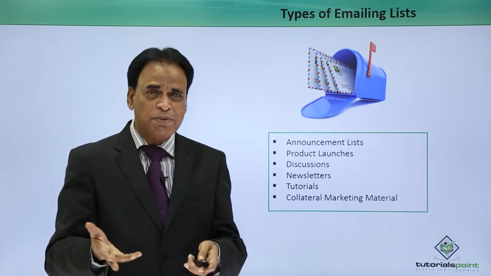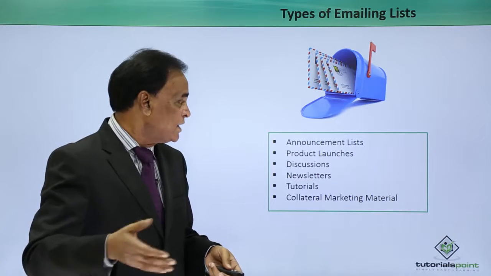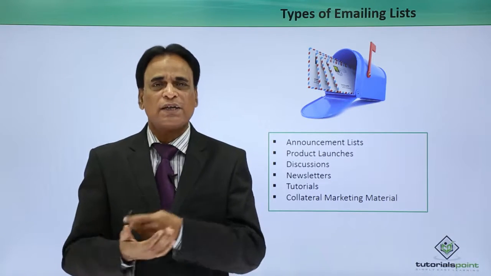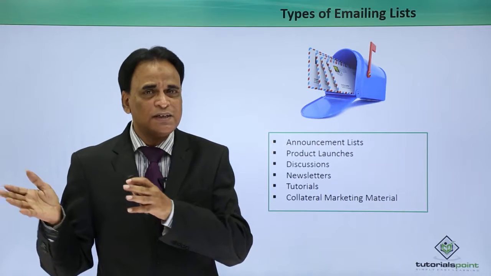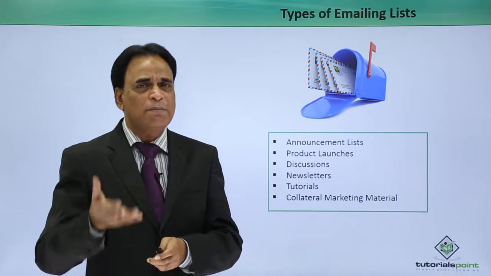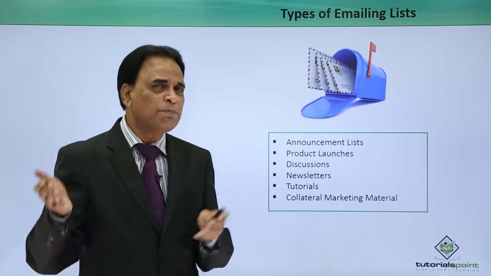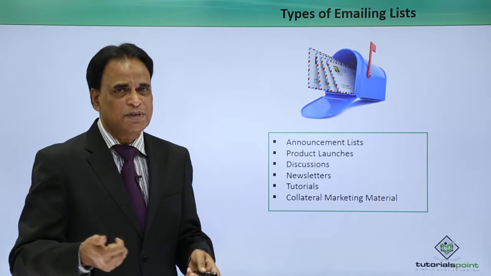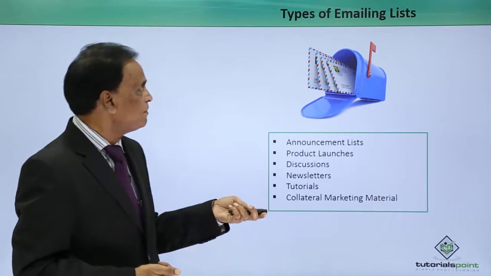For discussion purposes, there could be a separate mailing list. Similarly, tutorials, newsletters and collateral marketing material. These are the different types of email marketing lists that people leverage in sending emails to their customers or intended audience.